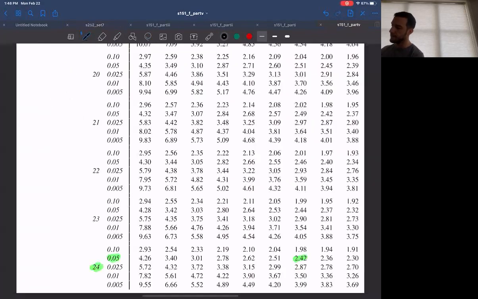If we go to our F table, we're working in this block of numbers here. You can see that our F value is much larger than the largest listed value, right? So 141 is much larger than 3.99. So the p-value is going to be less than 0.05.